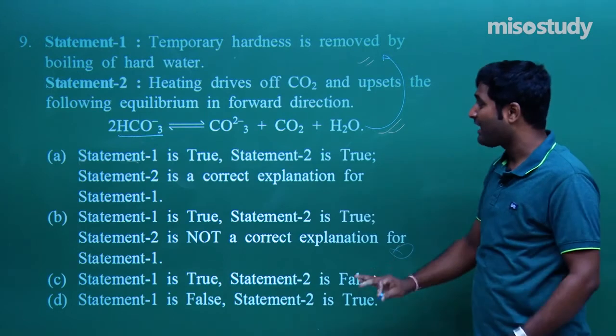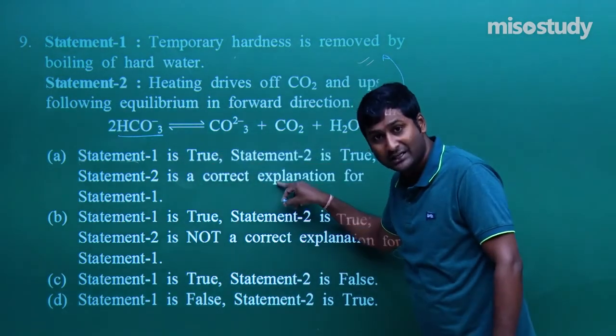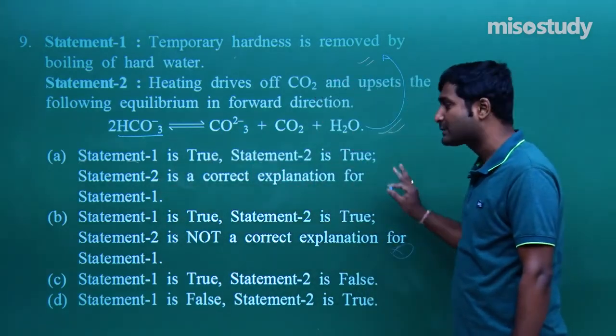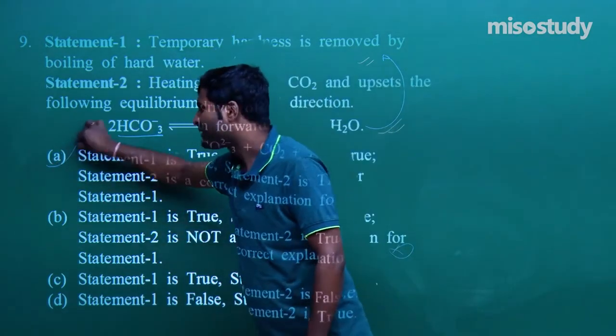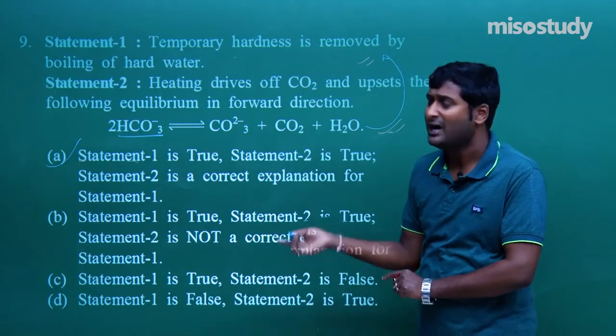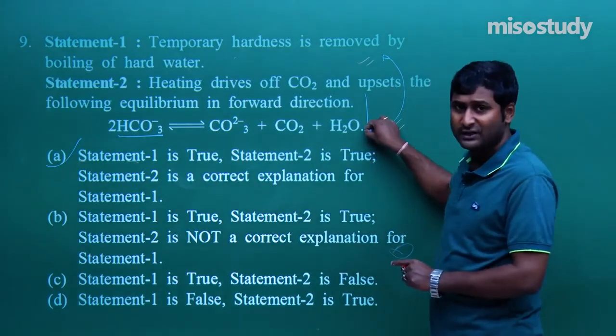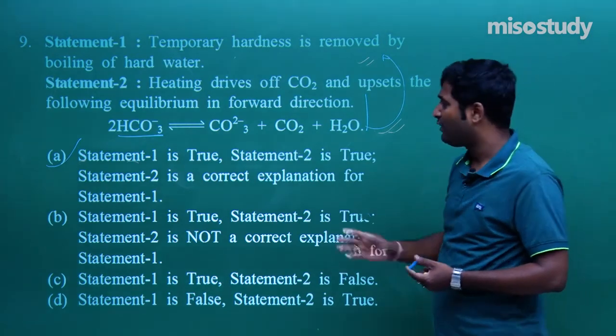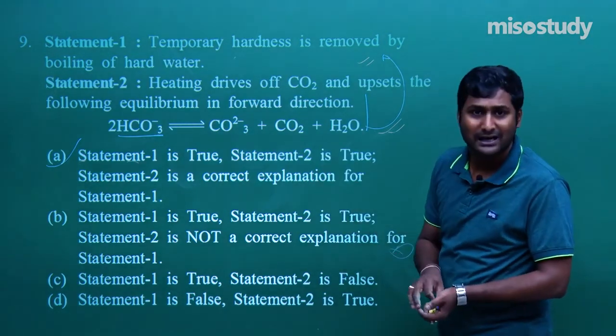So statement 1 is true, statement 2 is true, and statement 2 is the explanation of statement 1. There are many more explanations, but for this, only this explanation relates. Clear? So for this, option A is correct.